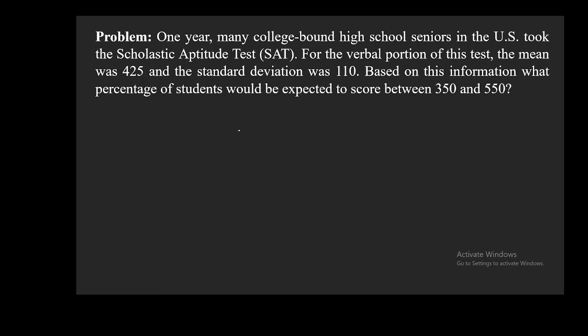For the value of 350, you calculate 350 minus the mean divided by the standard deviation. Then for 550, you calculate 550 minus the mean divided by 110. For these values, you need to look up the z-score from the z table. I have already done this, so I will just write the values here.